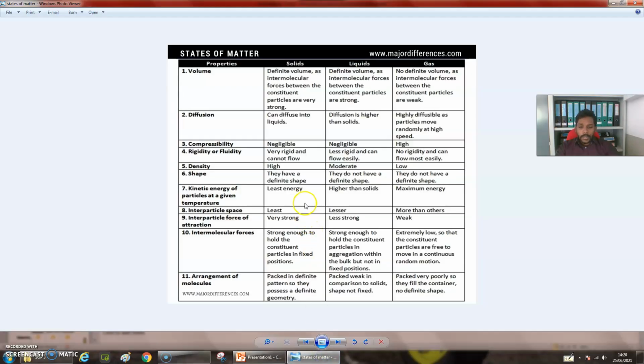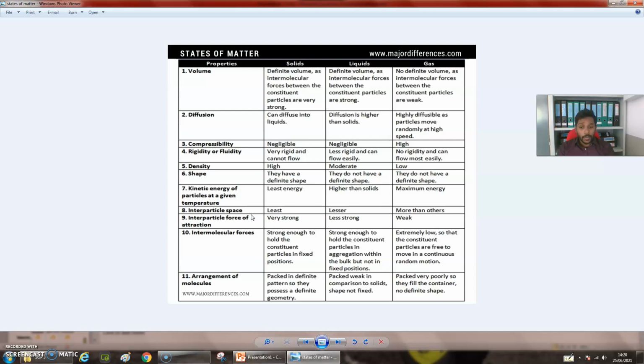You can easily identify here: this is solid, this is liquid, and this is gas. Here the property we focus on is interparticle space. The solid is least, liquid is lesser, and gas is more than the others. The interparticle space is very high in gas materials.